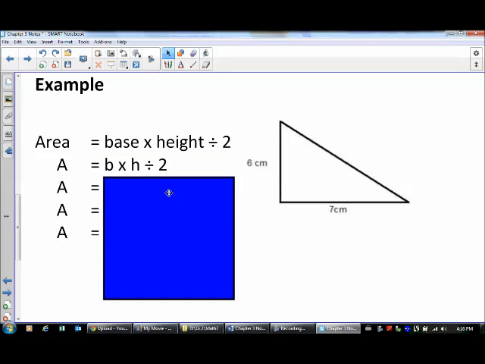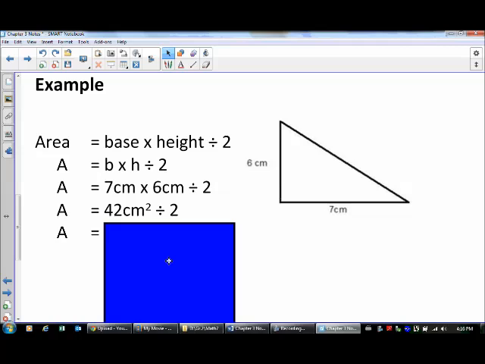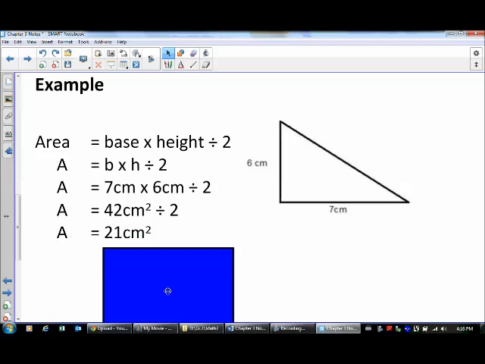We've got 7 centimeters times 6 centimeters divided by 2. Remember, don't ever forget to put your units in. We multiply that and get 42 centimeters squared. Then we divide by 2 finally to get 21 centimeters squared. And that's all there is to finding the area of a triangle.